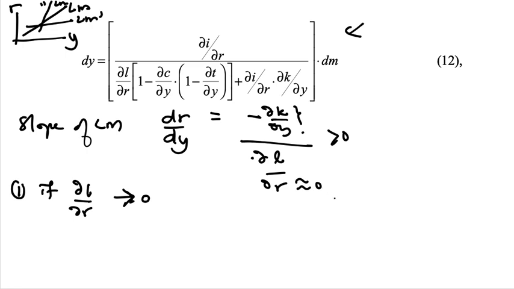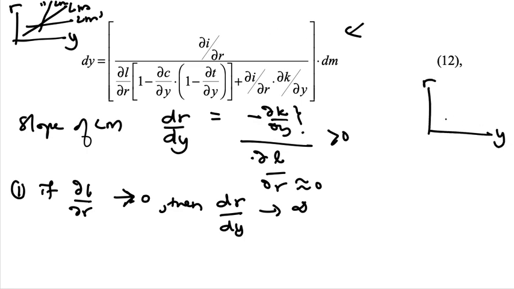When the value here is almost zero, then the slope of LM, which is dr over dy, approaches infinity, isn't it? When it approaches infinity, LM means the slope is approaching infinity, become very huge, very steep. Just imagine if the slope is 1000, not even infinity, very steep, like this. You get what I mean?